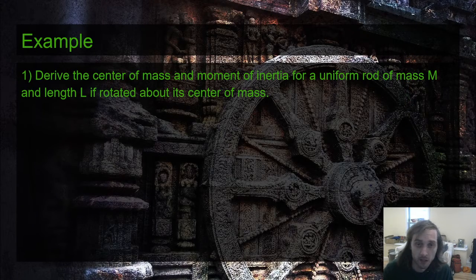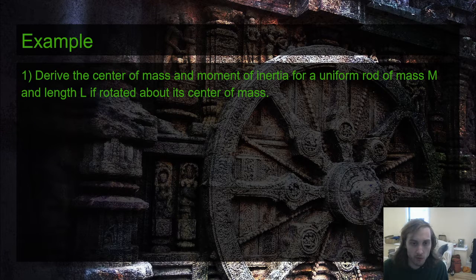First one, derive the center of mass and moment of inertia for a uniform rod of mass m and length L if it's rotating about its center of mass. So to start with, we better figure out where the center of mass is. Now, we've done this, and honestly, it's hopefully fairly intuitive that the center of mass for a uniform rod is going to be the center of the rod.